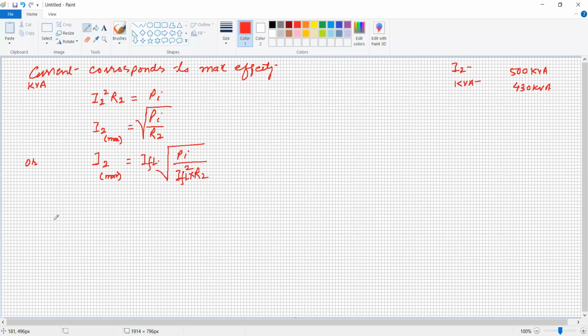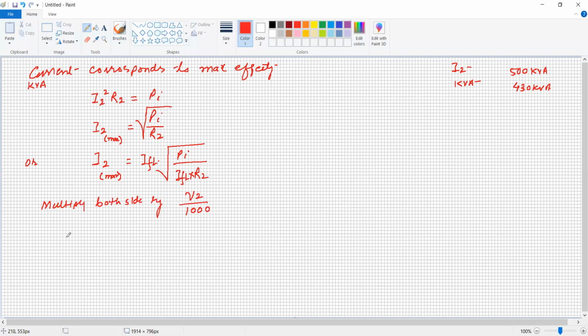Okay. Now, instead of divide, we can write multiply both sides by V2 divided by 1000.